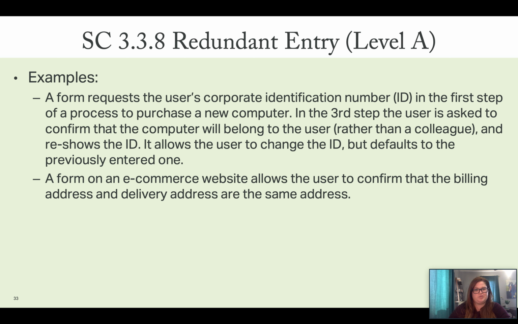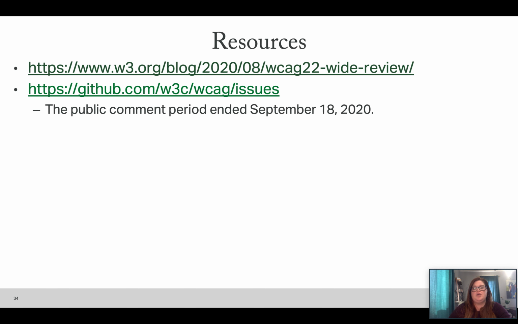I'm going to give you some resources, and then we can have some time to chat about all of them. If you want to look at the WCAG resources, the first link up here is to the W3 website, and this will give you the wider review for WCAG 2.2. It has all the detailed understanding and how-to-meet pages, and all the info that you would need about the different proposed draft criteria.